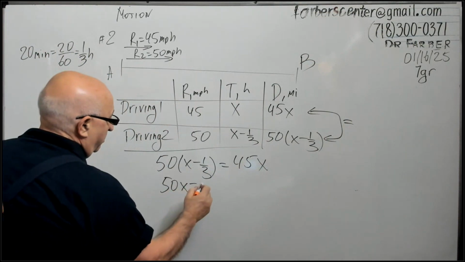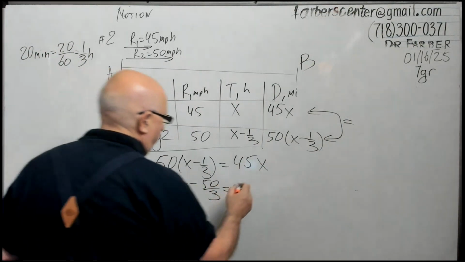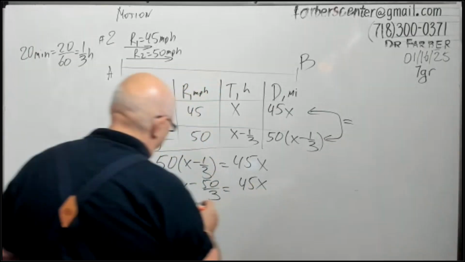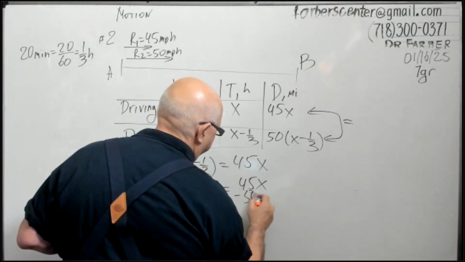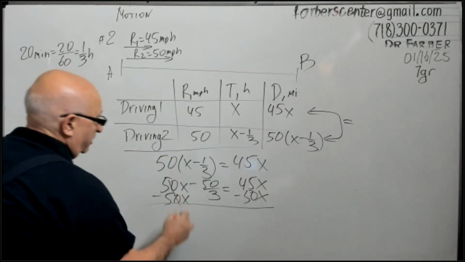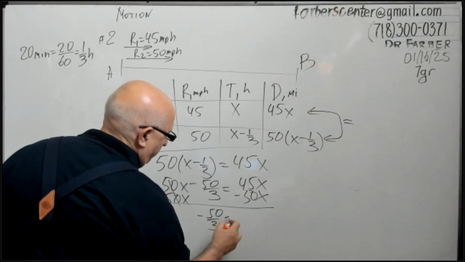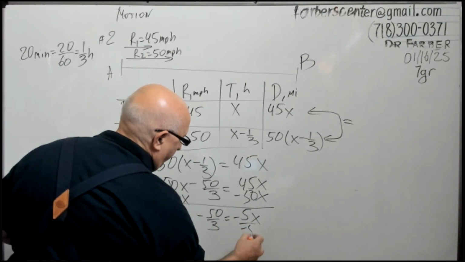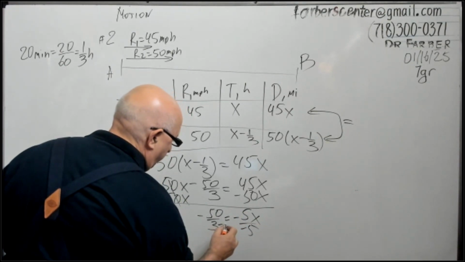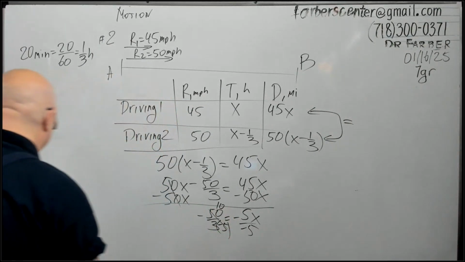50x minus 50 over 3 equals 45x. Minus 50x and minus 50x cancel out. Minus 50 over 3 equals negative 5x. Divide by negative 5 by negative 5. So this is 10 over 3.